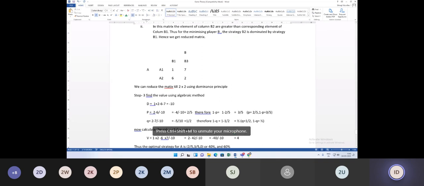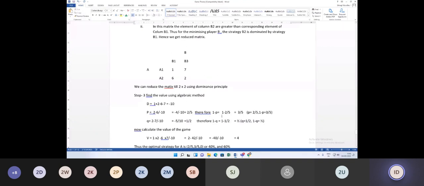Diagonal elements: 1 plus 2 divided by minus 6 minus 7 is equal to minus 10. We have to find out the probability, right? 2 minus 6 divided by 10 is equal to minus 4 divided by minus 10 is equal to 2 by 5.